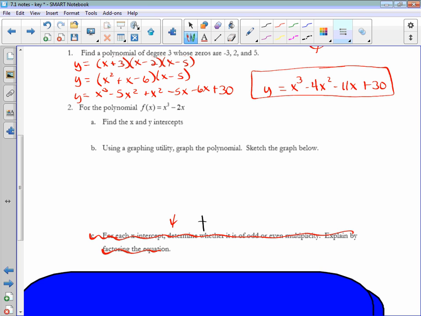So let's look at the first part. All right, so I've got f of x equals x cubed minus 2x. Would you agree that is the same as x times x squared minus 2? Everybody okay with that? Okay. So if I wanted to find the x-intercepts, that means I'm setting this equation equal to 0.